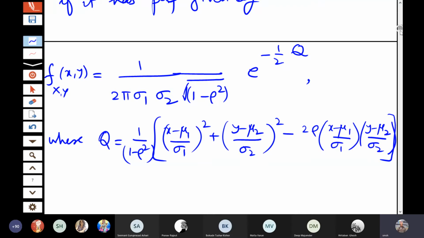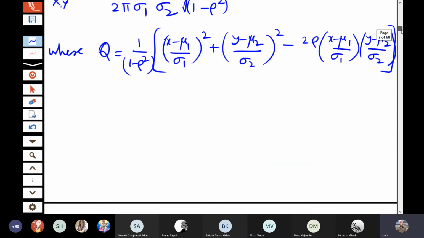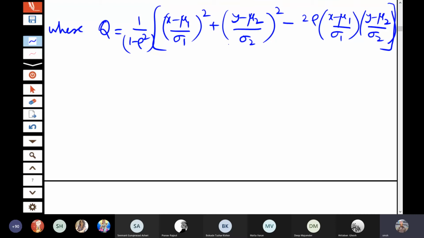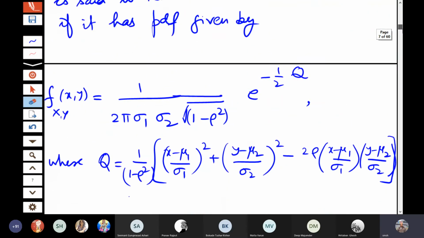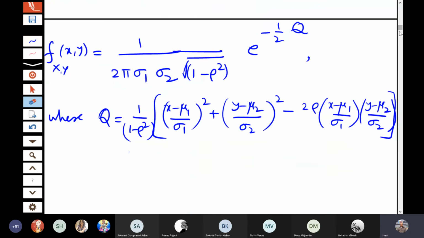So this q term I will consider. Okay, before that I should say something. Whenever we write down a distribution, we should talk about the range of the variables. I did not mention it because we already know that in the normal distribution you have a range of variables.